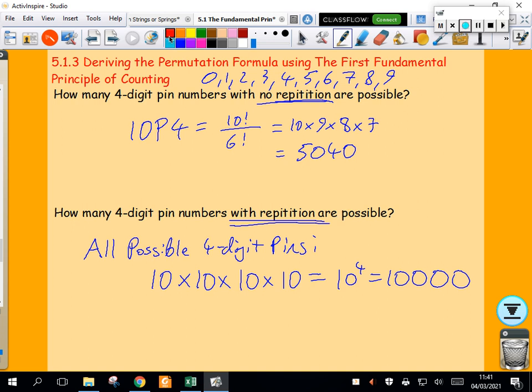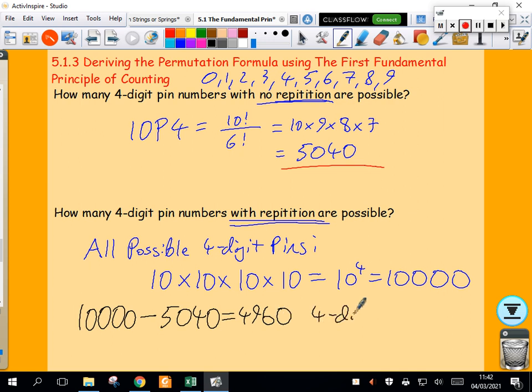Now, how many of those will have repetition? Well, we know that 5,040 do not have repetition. So, how many have repetition? Well, 10,000 altogether. I'm going to take away all the ones that have no repetition, leaving me with 4,960 4-digit pins that do have repetition. Okay, so that's slightly more complicated.